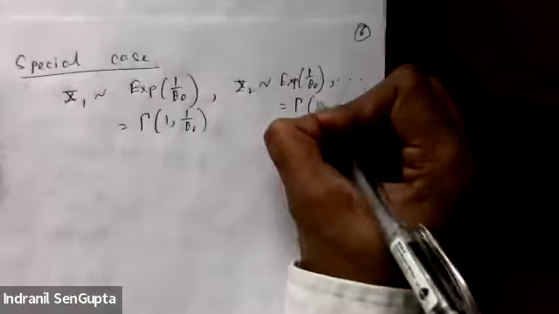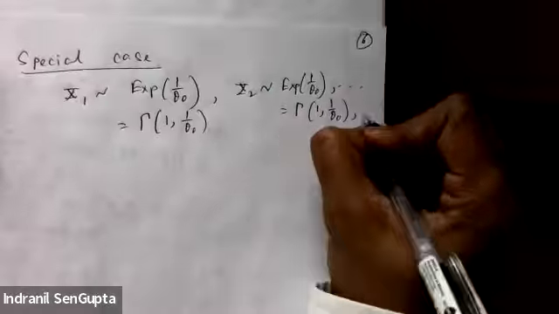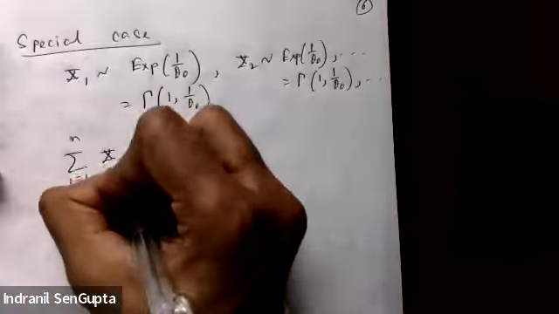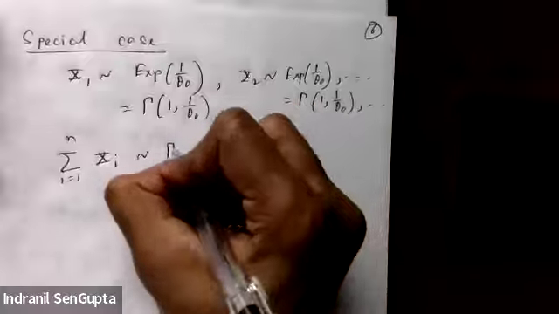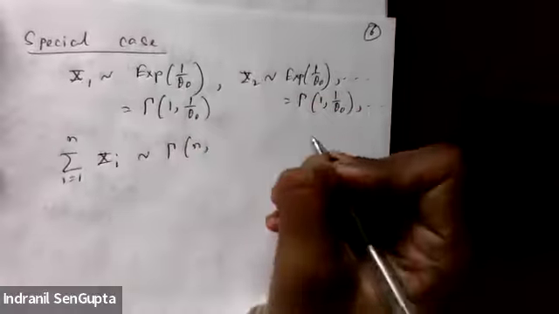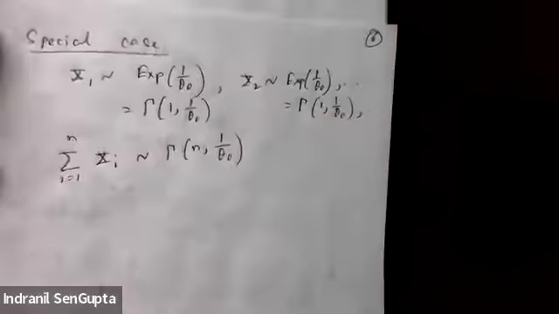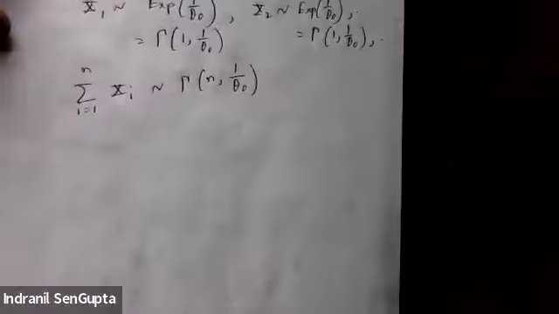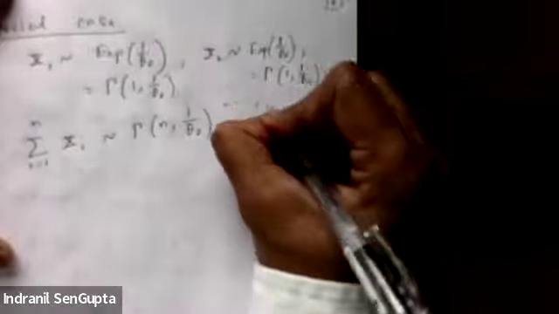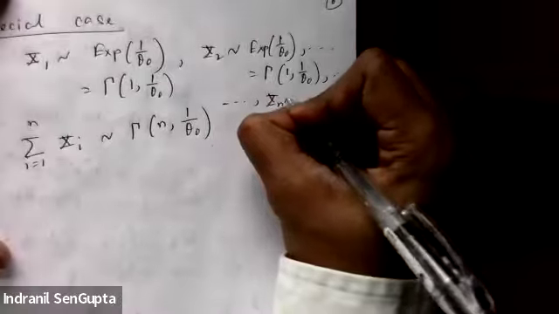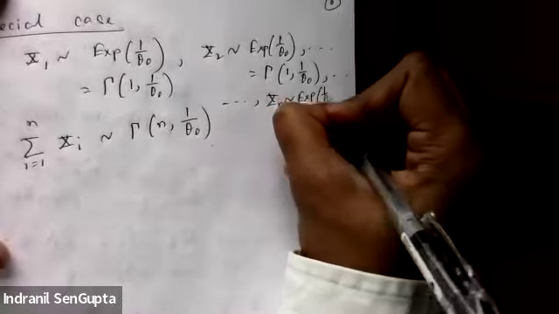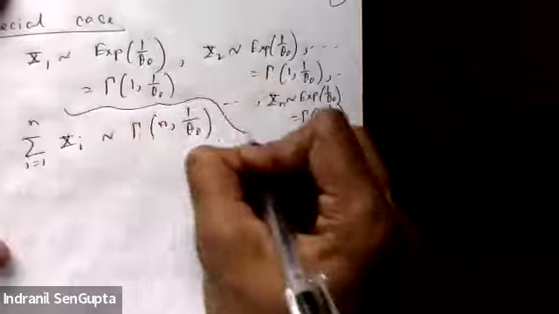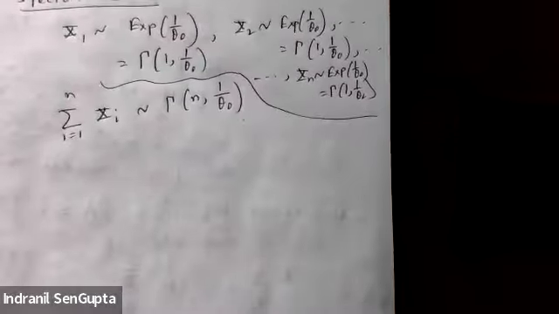Exponential distribution means the gamma's first parameter is 1. So that means the sum of xi from i equals 1 to n, in this case they are IID, follows the gamma of n and 1 over theta 0, right? Why 1 over theta 0? Because look at this, beta does not change. The second parameter is always beta. I'm just writing n of those here. This is my first observation.